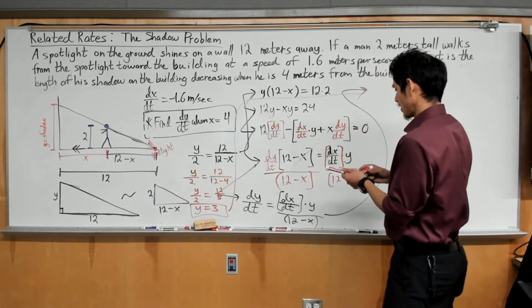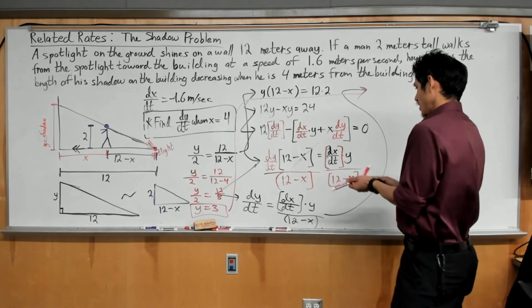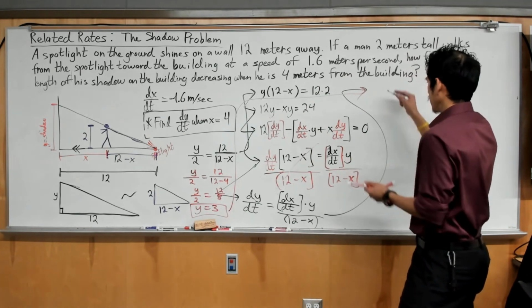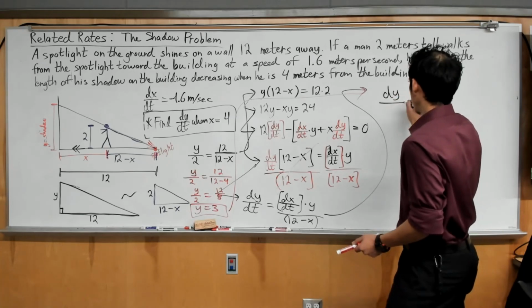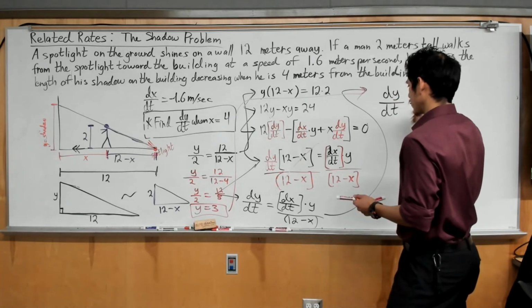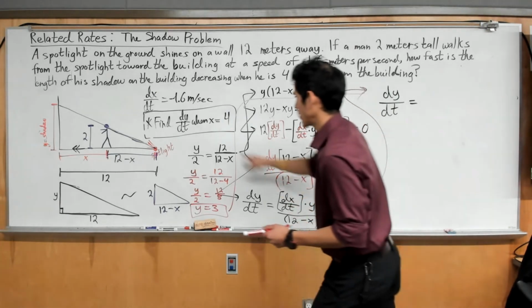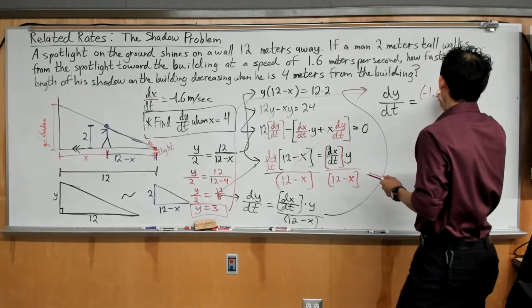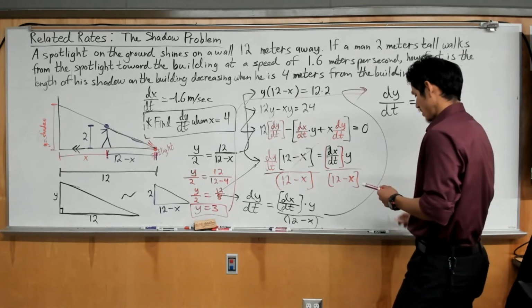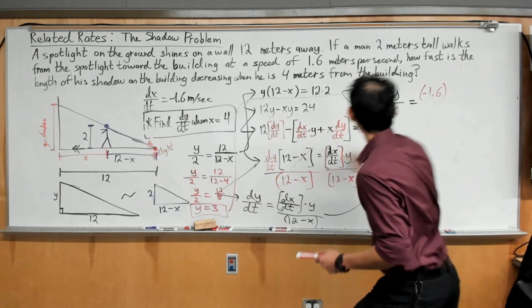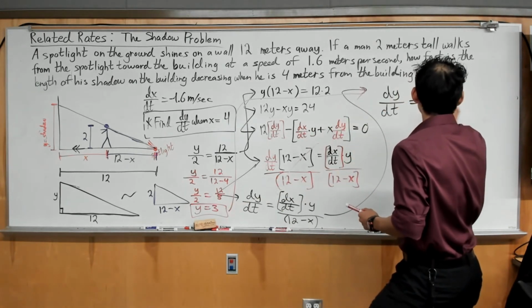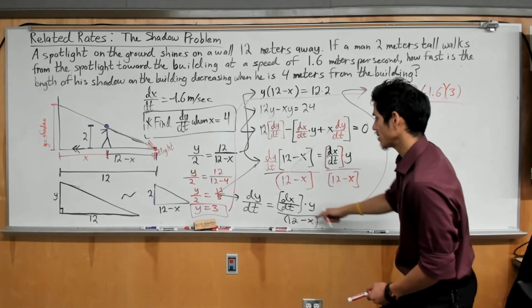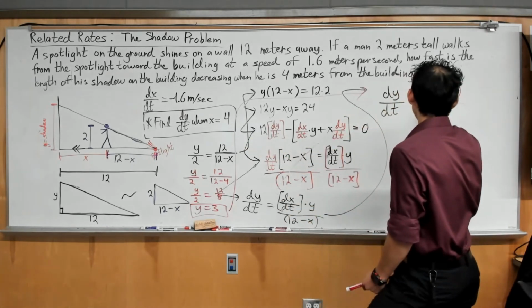So we just plug this in into here. So we get dy/dt equals negative 1.6 times 3 over 12 minus 4.